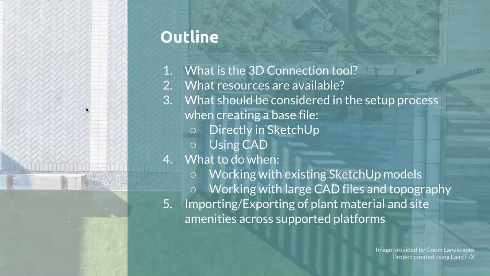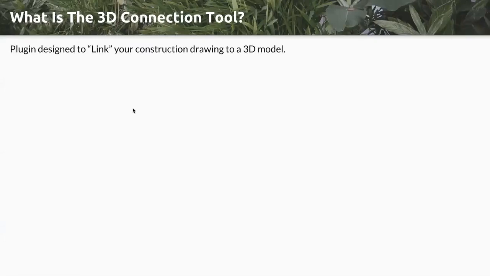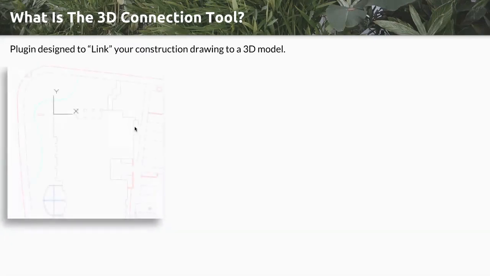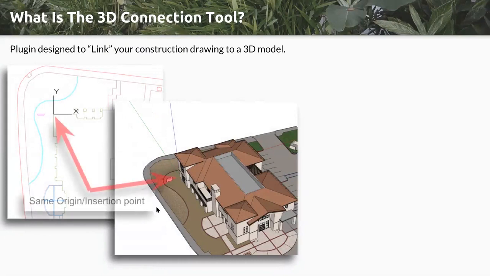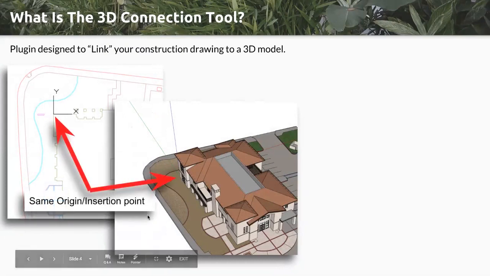So from there, why don't we go ahead and just show you what the connection tool is. What that connection tool does is it links your construction drawing into a 3D model. But what it needs is that specific reference point on where it's looking, because this is really the nuts and bolts of how this tool operates.